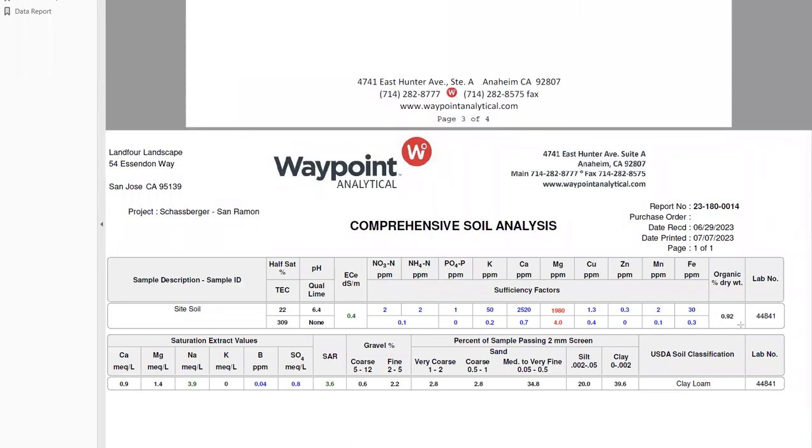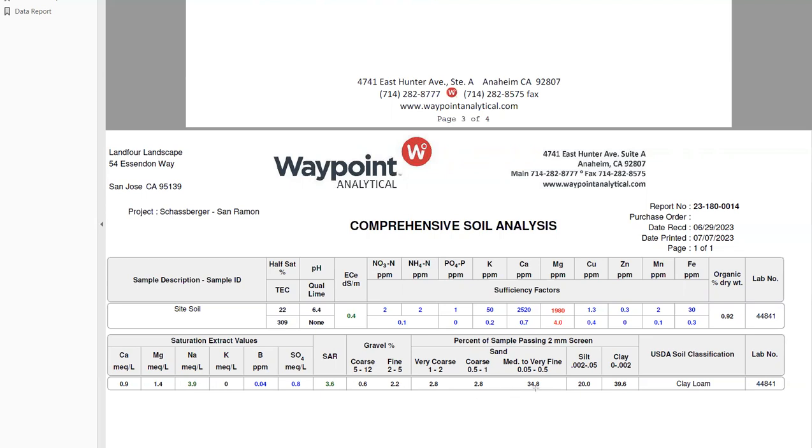It's got a very low organic percentage, and I am looking for, there it is. So this one is a clay loam, and it was 40% clay, 20% silt, and the remainder is sand.